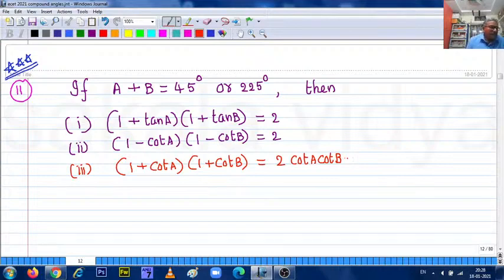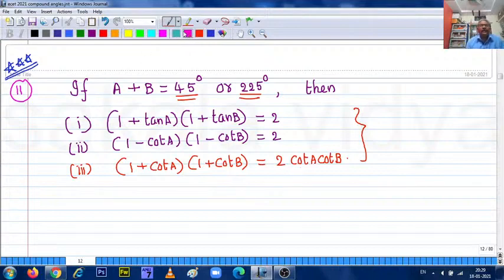So this is the third one. These are the important ones you need to remember. If a plus b is equal to 45 or 225, 1 plus tan a into 1 plus tan b is equal to 2. 1 minus cot A into 1 minus cot B is 2, but 1 plus cot A into 1 plus cot B is equal to 2 cot A cot B.